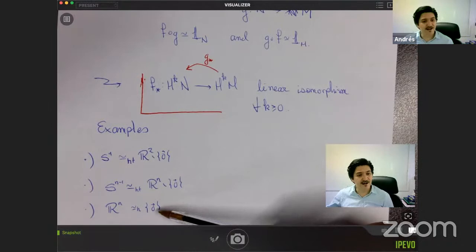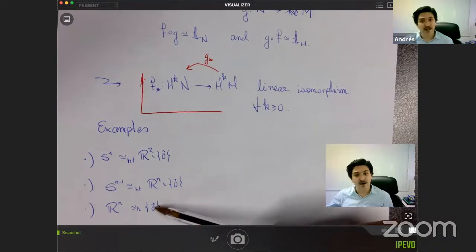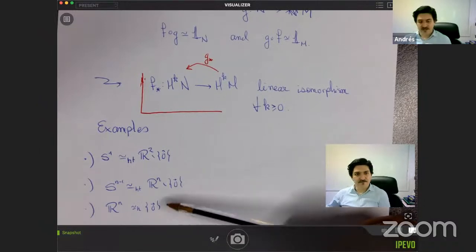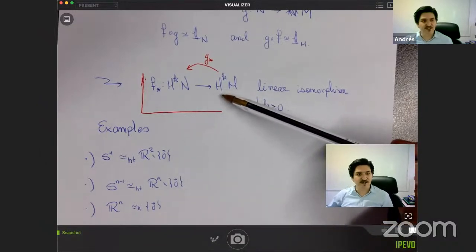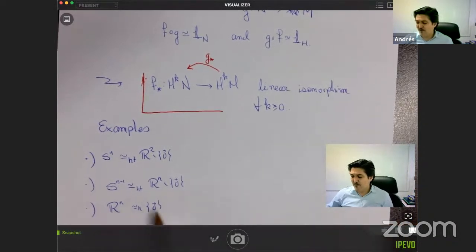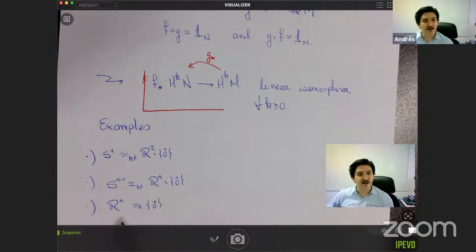We showed that Rn has the same homotopy type as the space with a single point, right? And so using this observation, if we know the cohomology of either one, we know the cohomology of the other space.